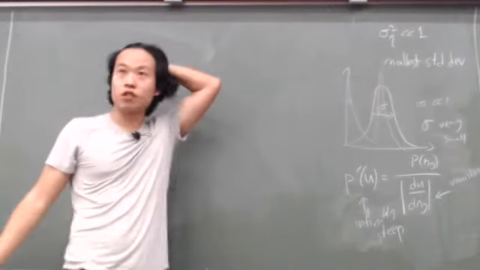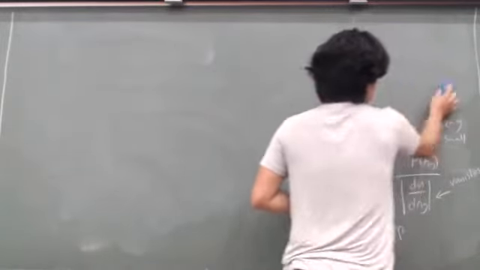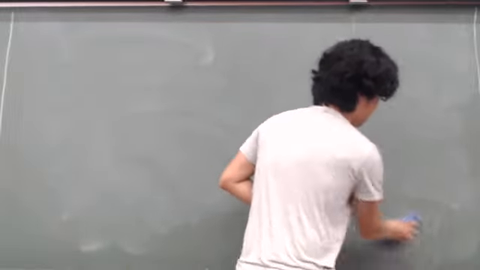All good? No questions? Okay, so then question 2, another Stirling approximation question. So it's basically asking for the validity of the approximation.